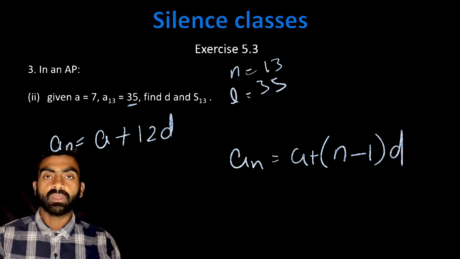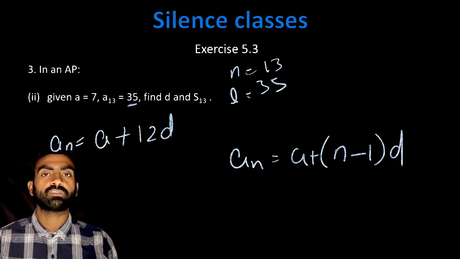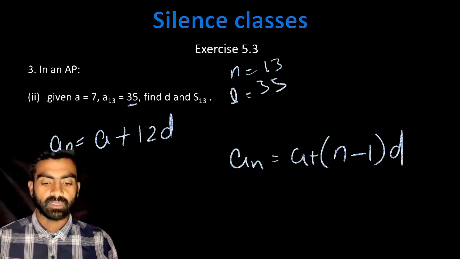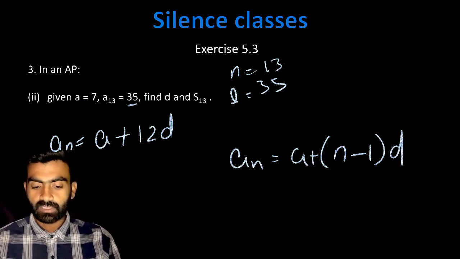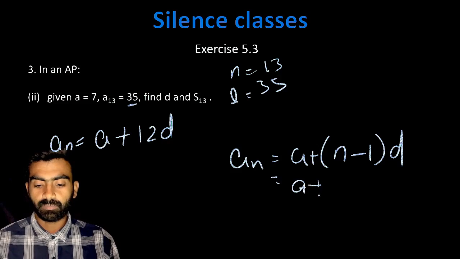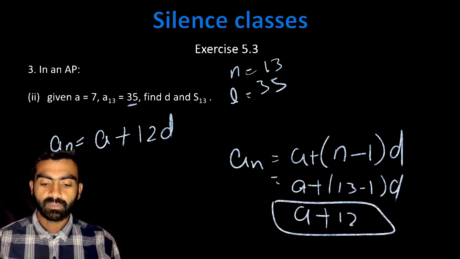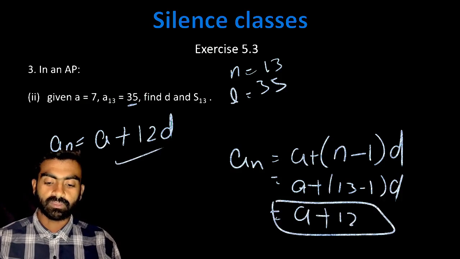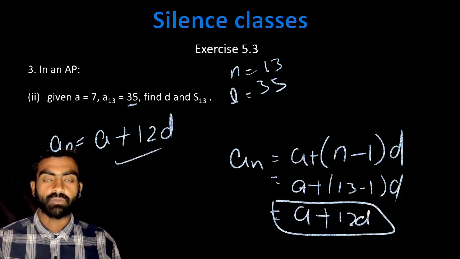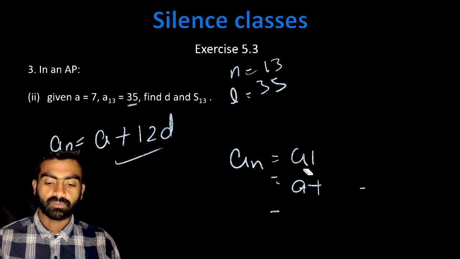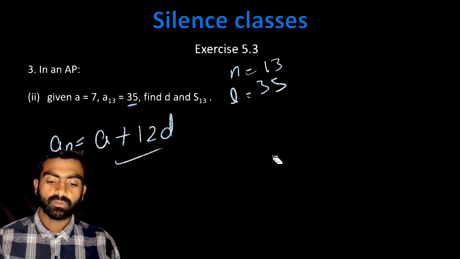I have already explained each and everything in the introduction part. Over here we can write a + (n - 1)d with n = 13, so we get a + 12 × d. So this is how we got this particular formula.